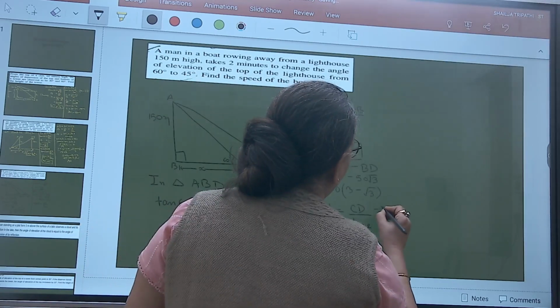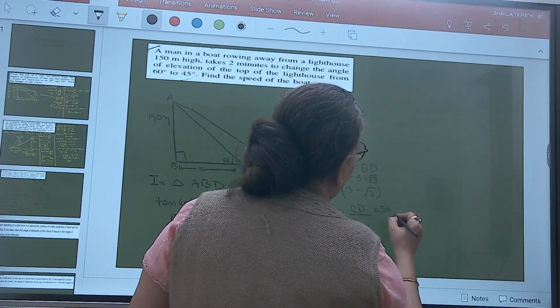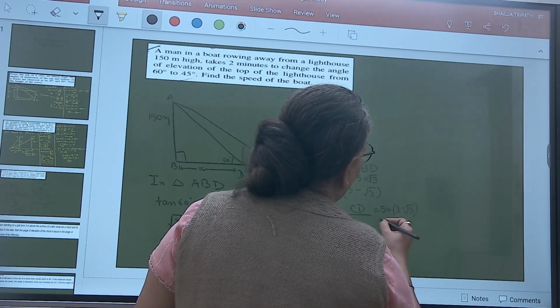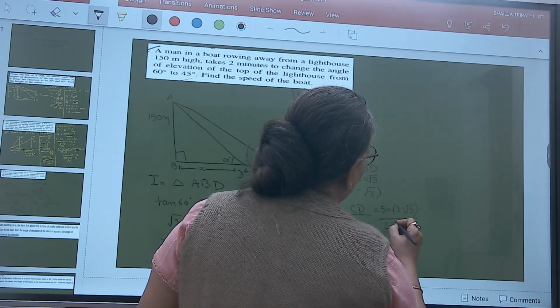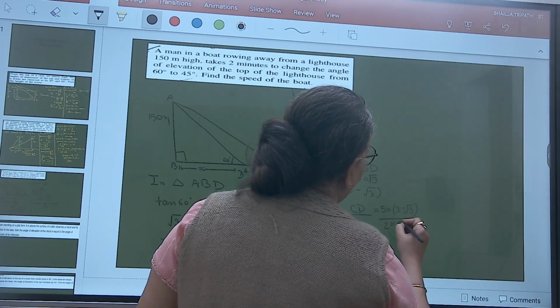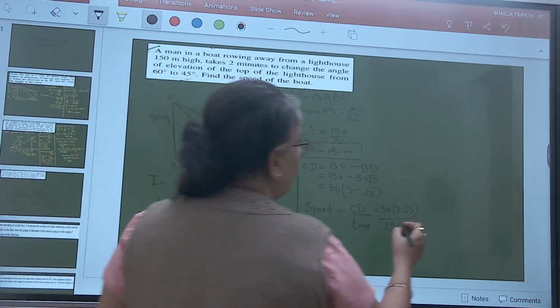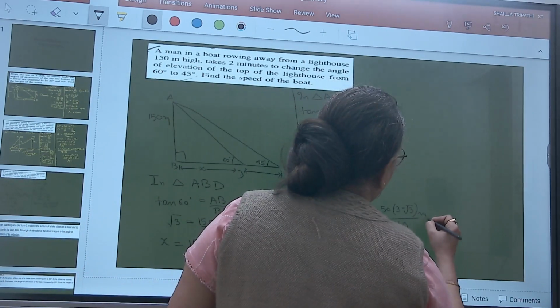So now we have 50 bracket 3 minus root 3 divided by 2 into 60. Convert the minutes into seconds so that we can get the speed in meters per second.